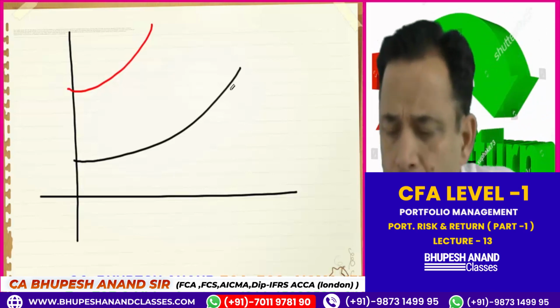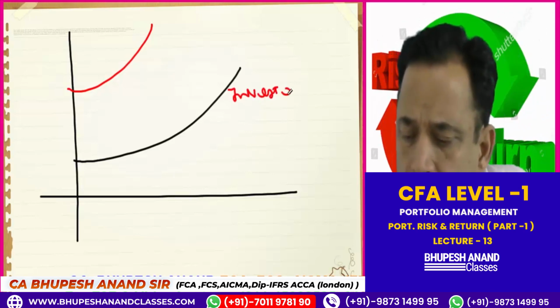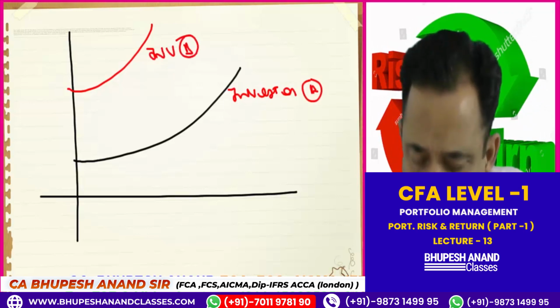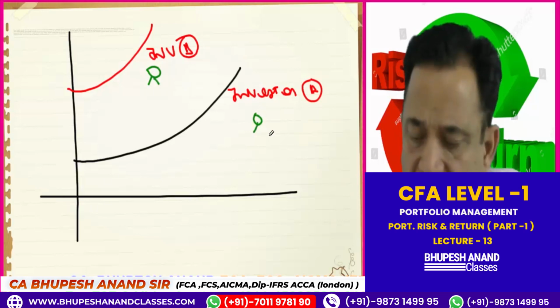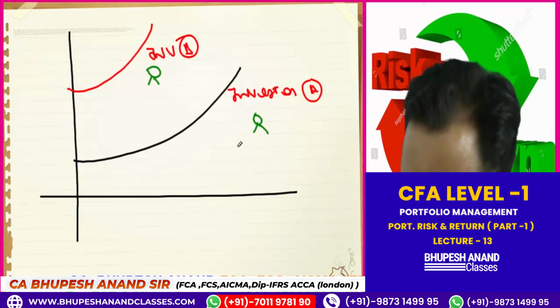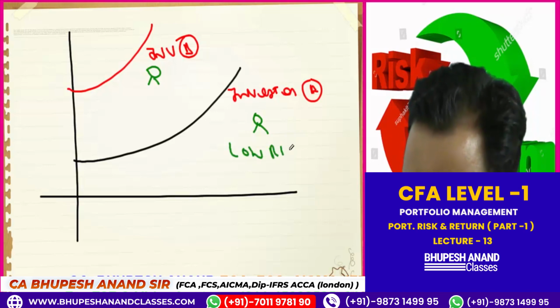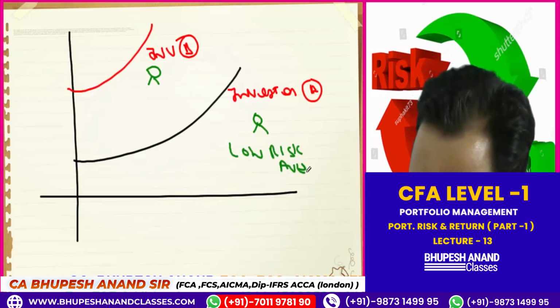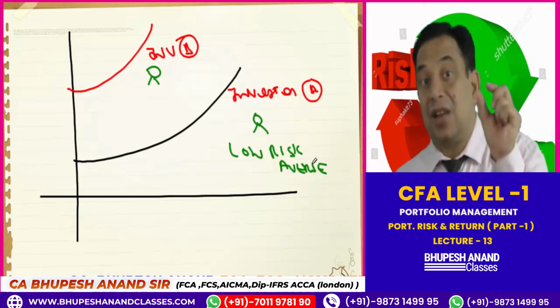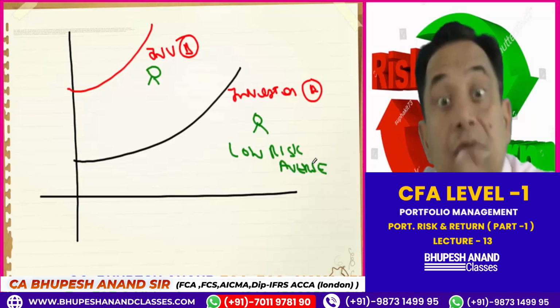Now it depends upon the nature of the investor. Supposedly this is investor A and this is investor B. I am assuming that investor A is low risk averse. I have already told you the meaning of low risk averse, in the last class, that there are different types of investors.